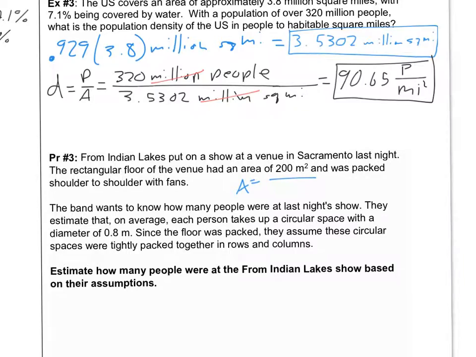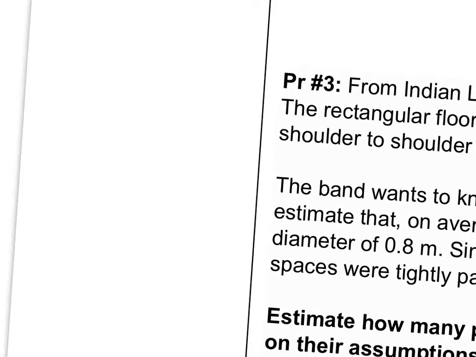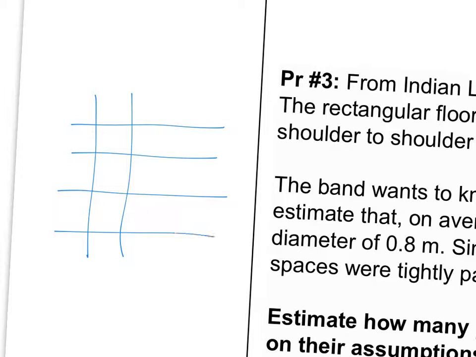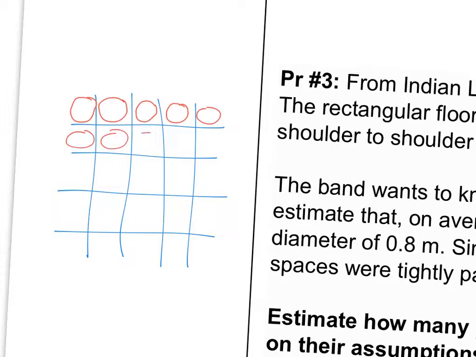So let me explain that real quick. That means if everything's tightly packed together in rows and columns, then each person, even though it's like a circular space, would really only be taking up the equivalent of a square space. Okay? So we're not really going to find the area of a circle. We're going to find the area of a square.